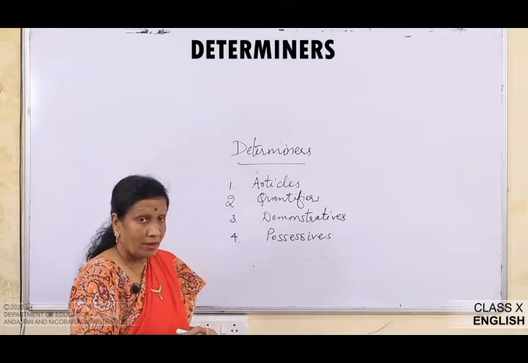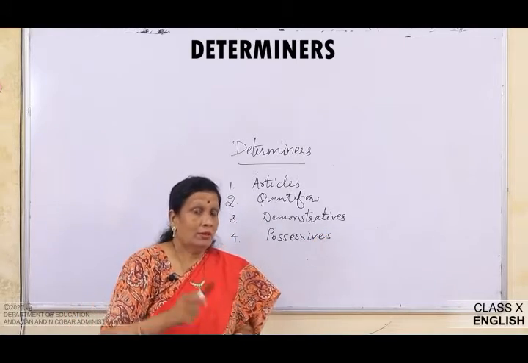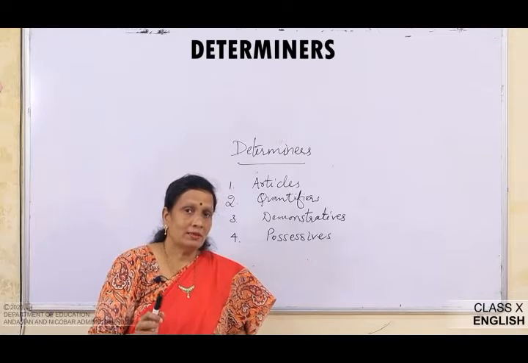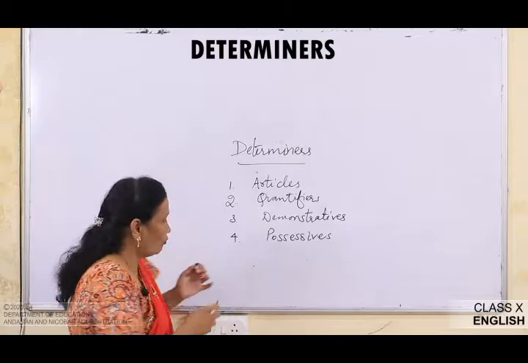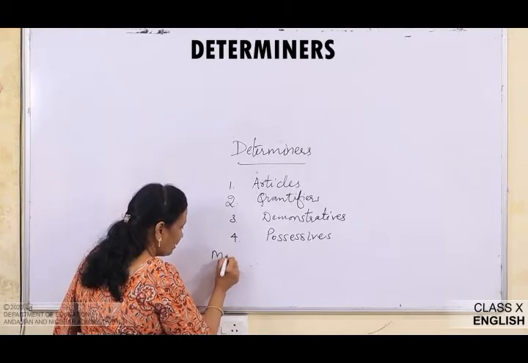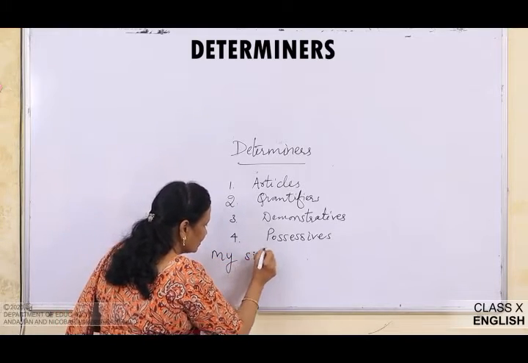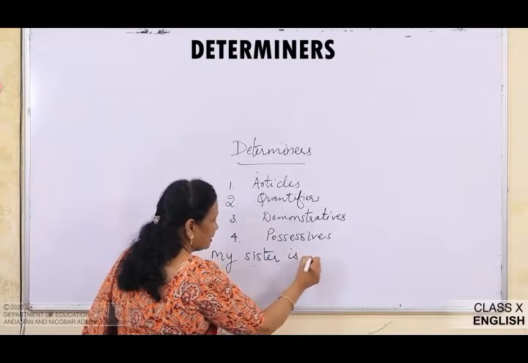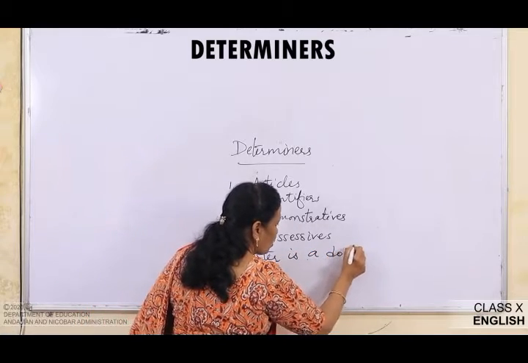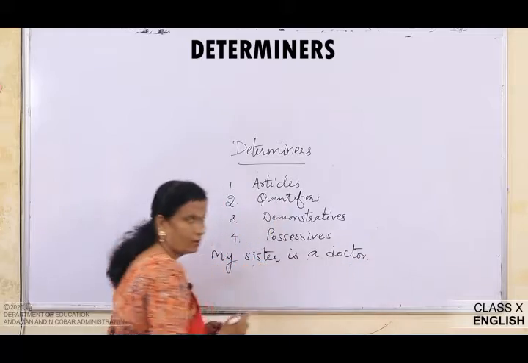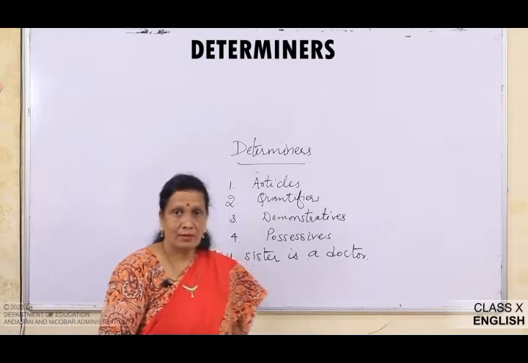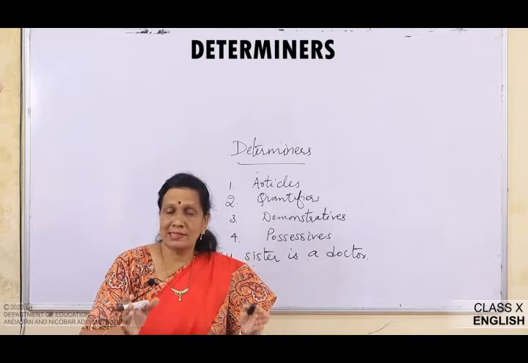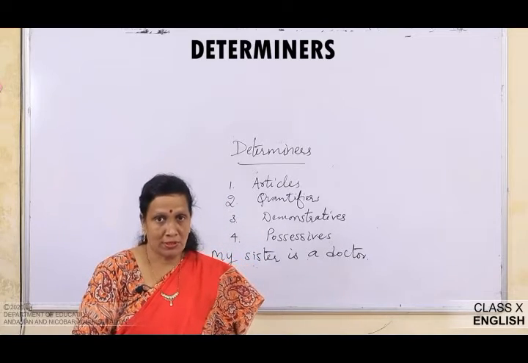Now, as I told you, determiners tell us whether a particular noun is general or specific. For example, my sister is a doctor. When I say my sister, a particular sister is being talked about.